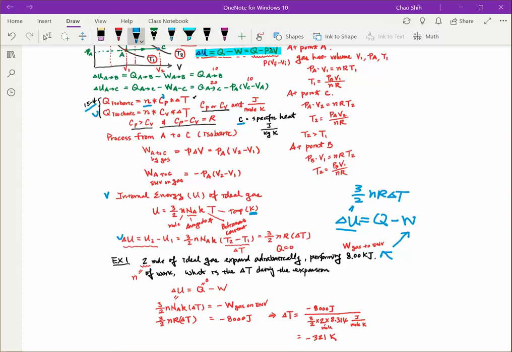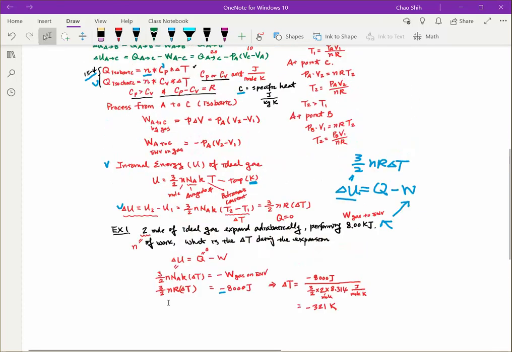The Q is equal to 0 because it's adiabatic. W is given, which is 8,000. So change of U equals negative 8,000, which is equal to 3 over 2 nR change of T. Then you can find out the change of temperature, and the result is going to be in Kelvin. Negative 321 Kelvin is the result.